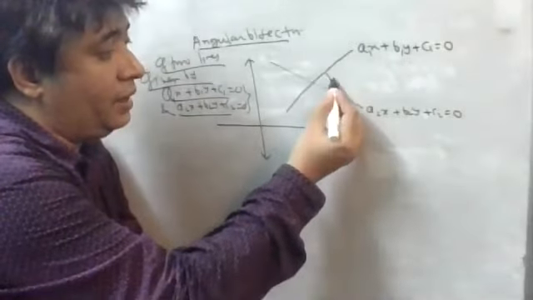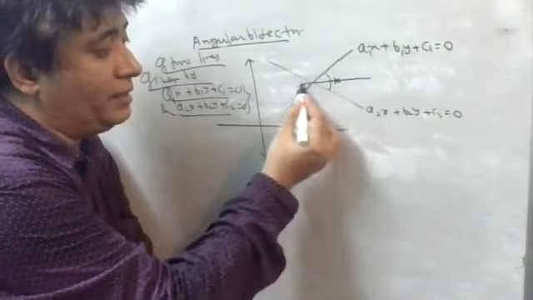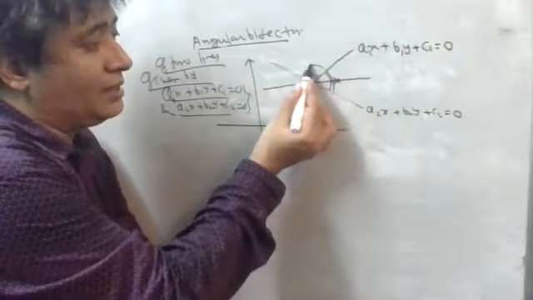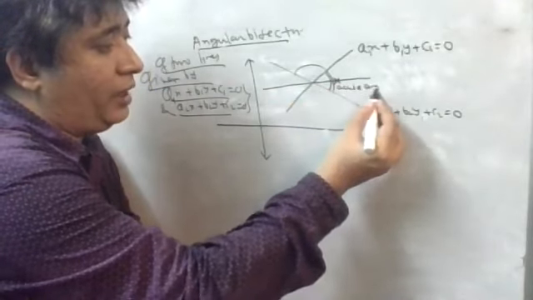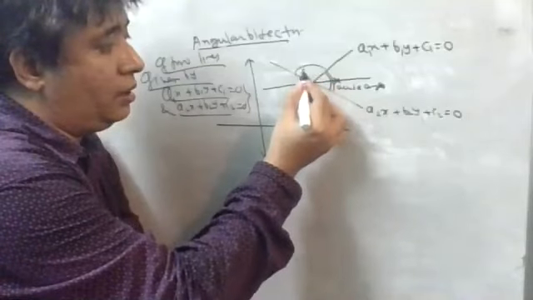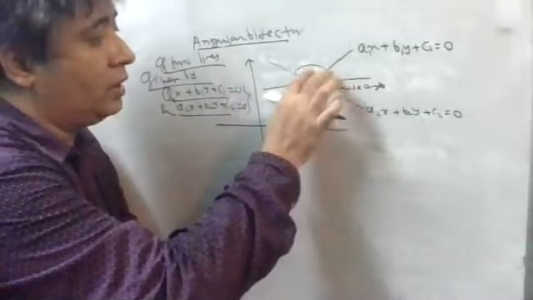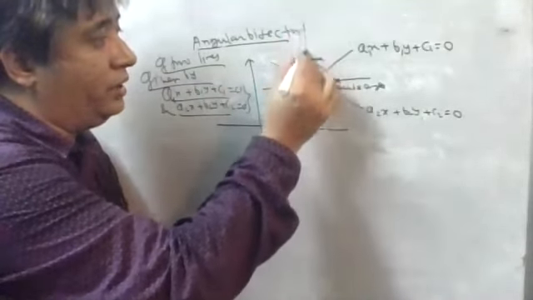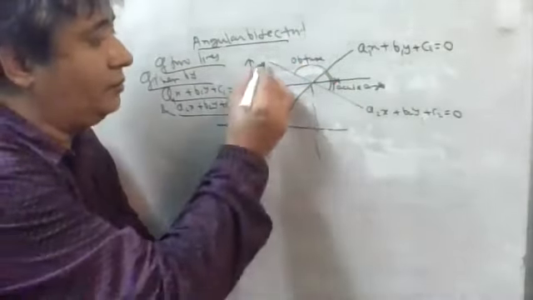One is the acute angle bisector. If this is the acute angle, obviously this will be the obtuse angle. So this bisector will be the obtuse angle bisector.